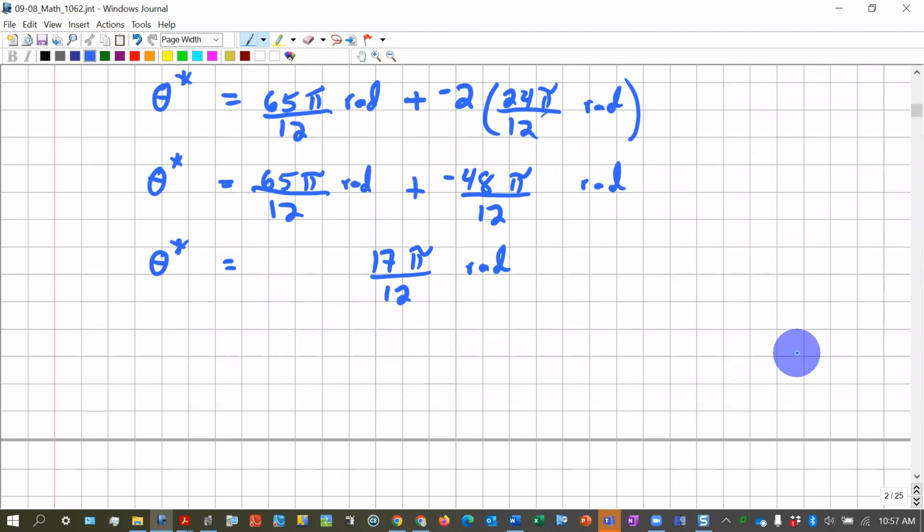And that's a positive number, and it's less than 2 pi, less than 24 pi over 12.